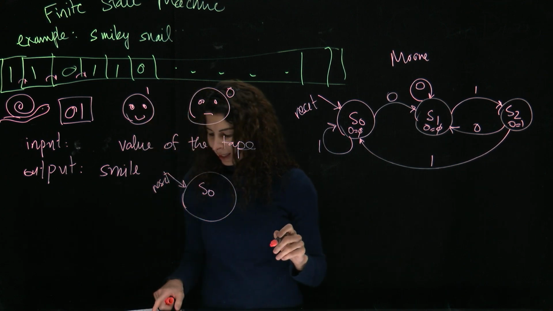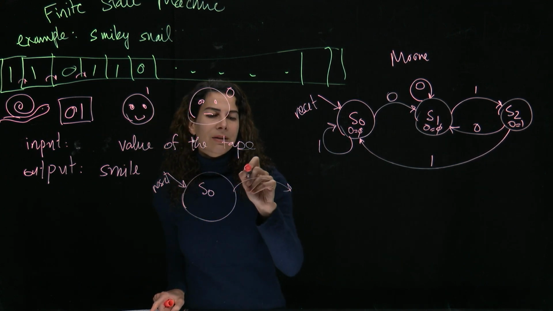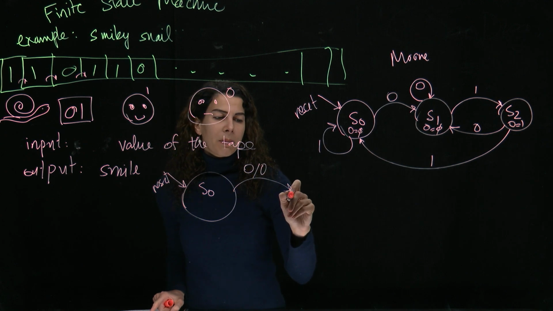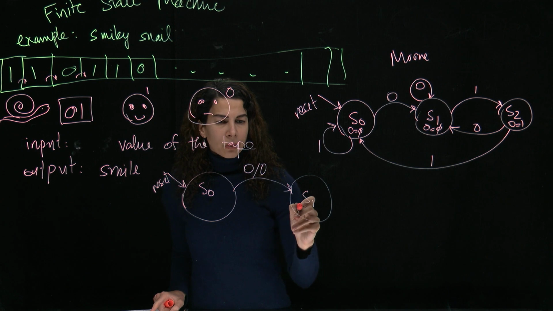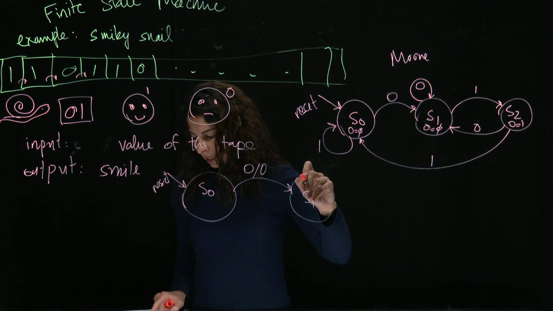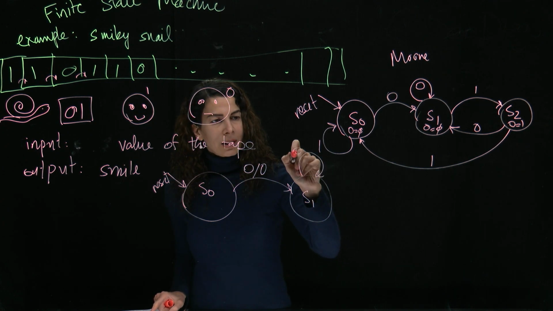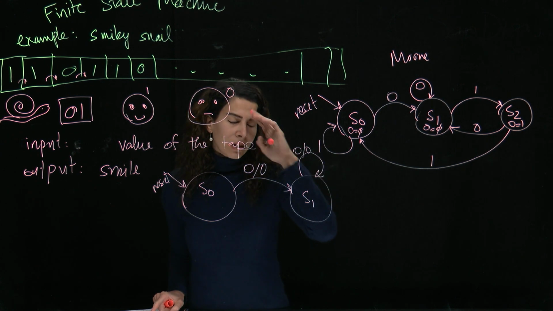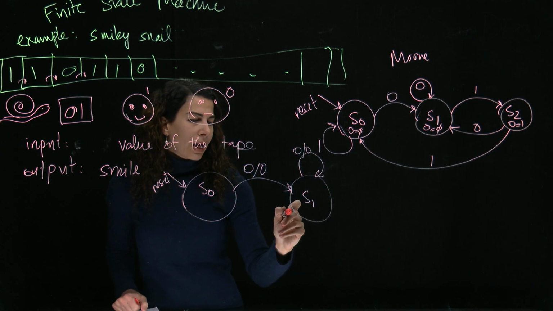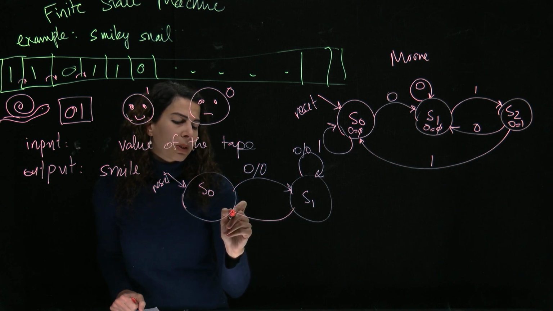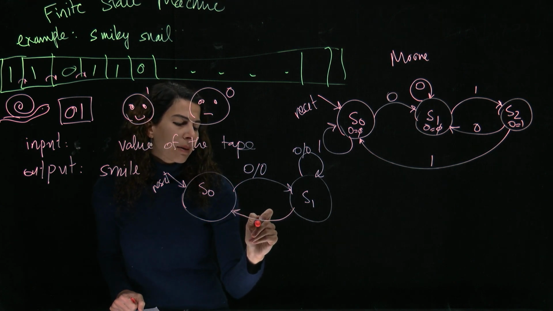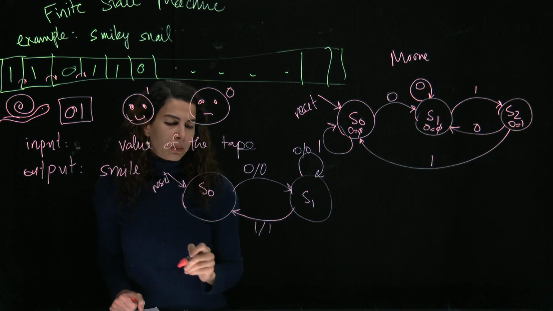And what happens is that, if I get a 0, I'm going to output 0, but I'm going to go to state S1. At the state S1, if I get a 0, I'm going to still output a 0 and stay here. If I get a 1, I'm going to be in my original state, basically, but generate an output 1.